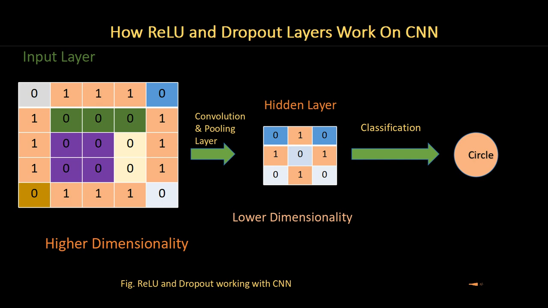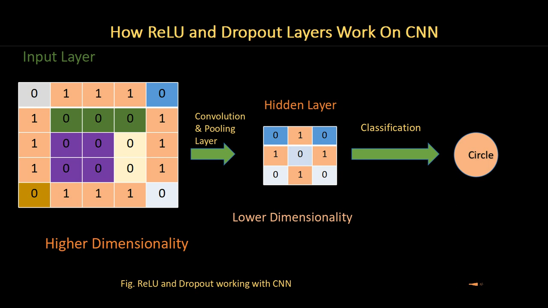Now from here you can completely understand how it is working, right? As you're seeing, there's an input layer. You can see it as a color, with values in the first row, the second row, and the third row. Further on, we have added convolution and pooling layers, then the hidden layer and classification, and we get the output. Basically, this is a circle.